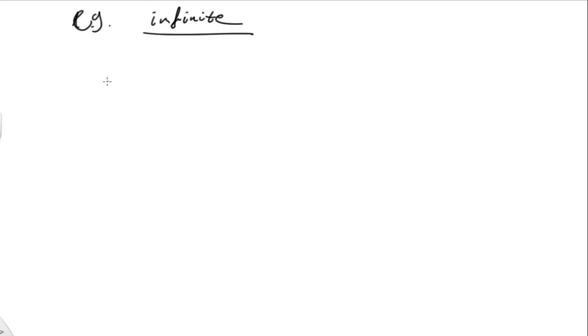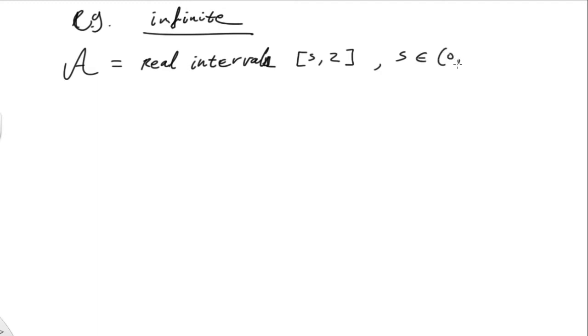We can do a pretty straightforward, well, I wouldn't say it's straightforward, but it certainly is. Now let's go to an infinitely indexed set. I'm going to talk about A being the collection of all sets which are real intervals [S, 2], closed intervals, where S ranges from 0 to 1.